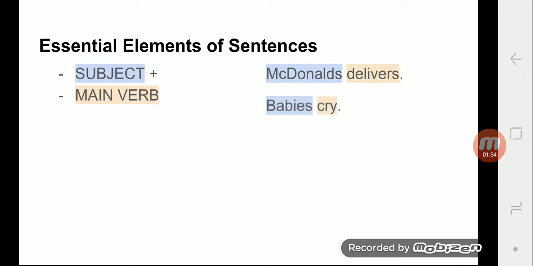Babies cry, using a general noun for the subject. They work, using a pronoun for the subject. The reason you can't go less than this is because you would take out your subject or your main verb. Subject's in blue, that's a noun or noun phrase. Main verb is in orange.